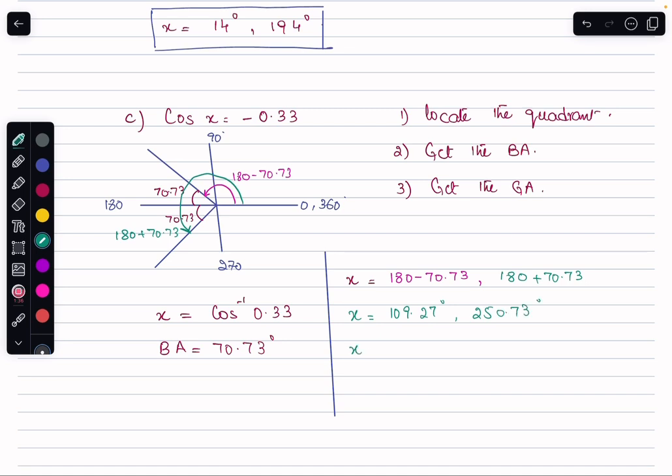Finally, up to the nearest degree, I can say that the angle values are 109 degrees and approximately 251 degrees here. So these two are then going to be the solution for this question. This is how we shall be finding out the angle values here.